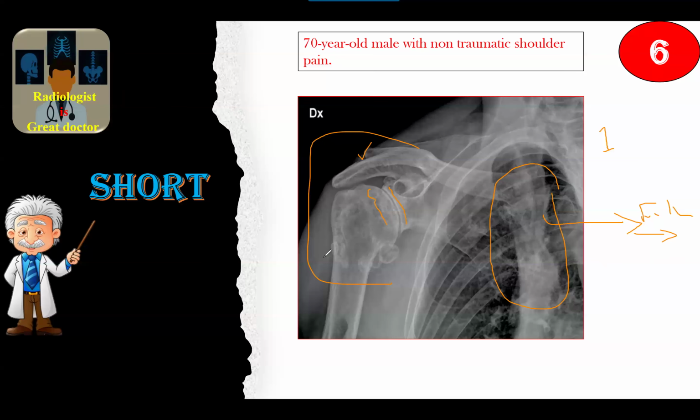So we have osteochondromatosis and something like fibrosis. A formal chest radiograph is needed in this case, in addition to maybe CT scan for confirmation. This is number six.